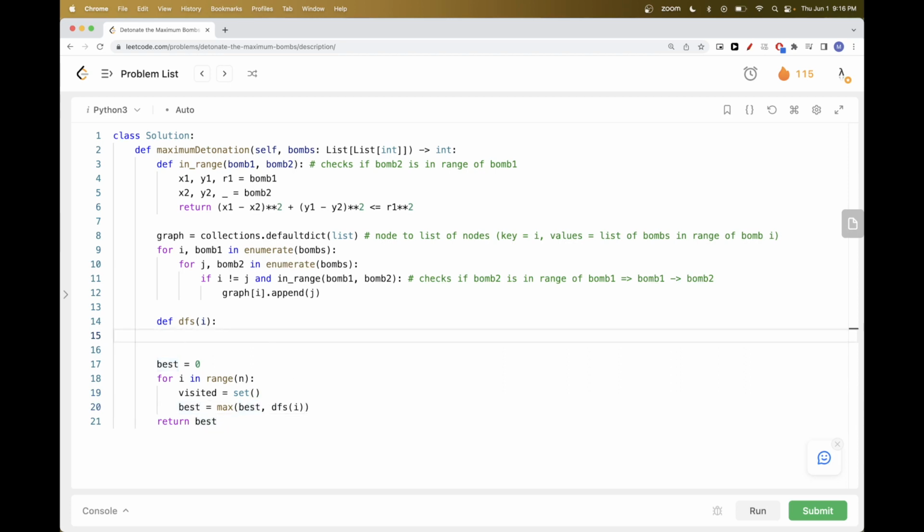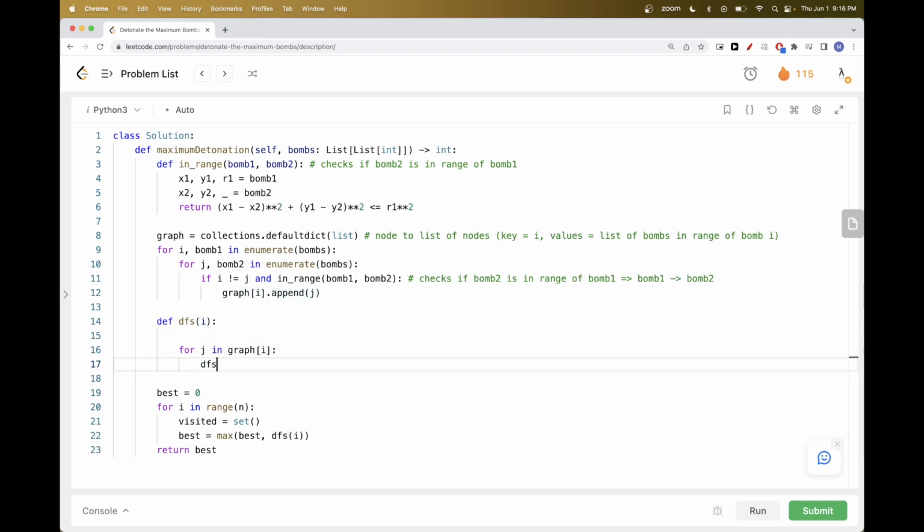And now we just need to go through the neighbors of this BAM I. So we just look at the graph that we already constructed here. And now we want to do DFS of J. But for each one, remember what we want to count is how many nodes it can reach. And so we want to increment with how many nodes J can reach.